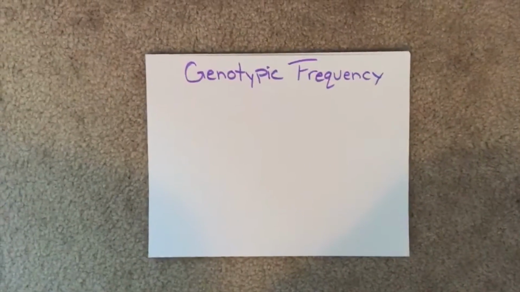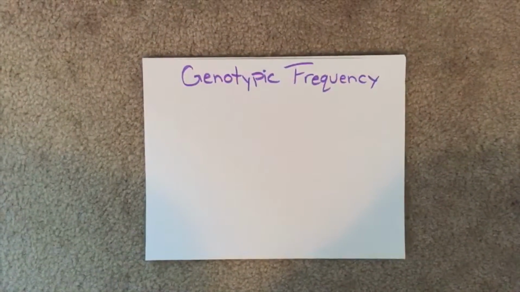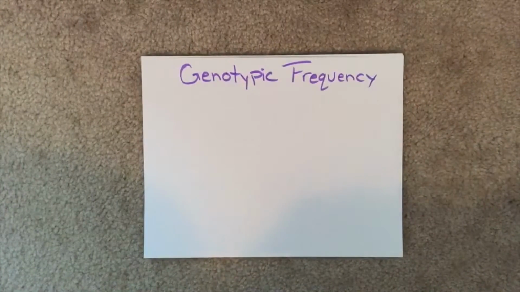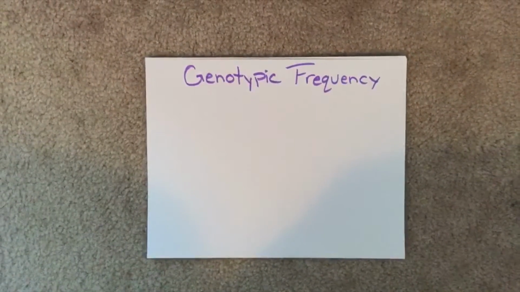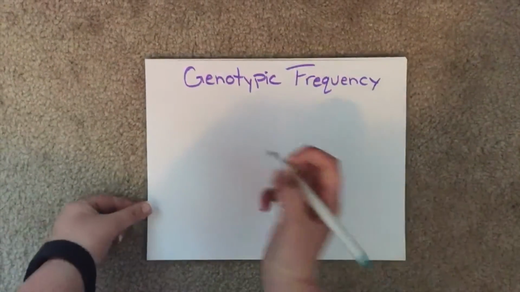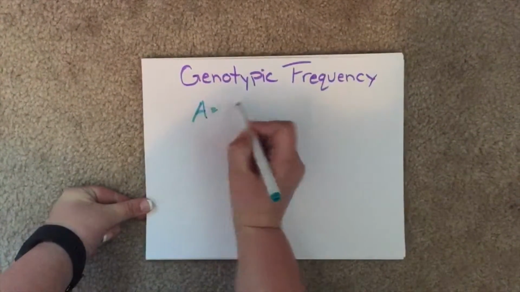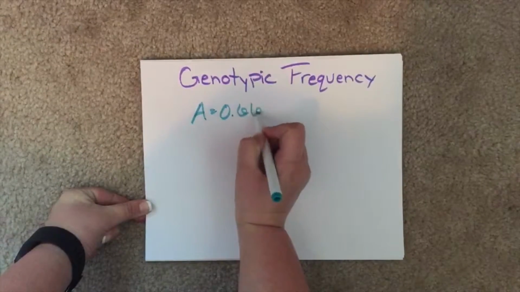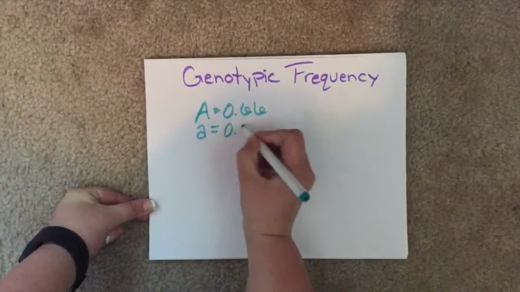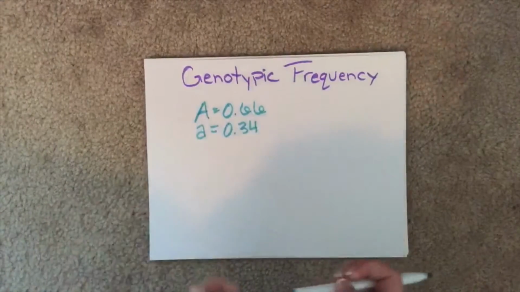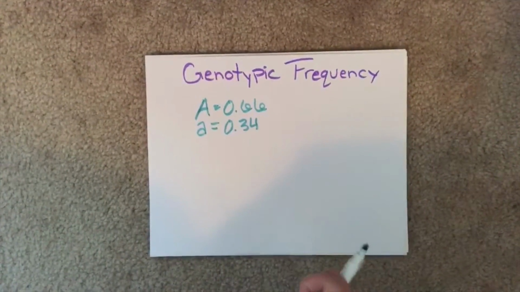The genotypic frequencies found here are after one generation. So as you learned before and calculated the new allelic frequencies for this new population, A equals 0.66 and little a equals 0.34. These will be vital in finding our genotypic frequencies.